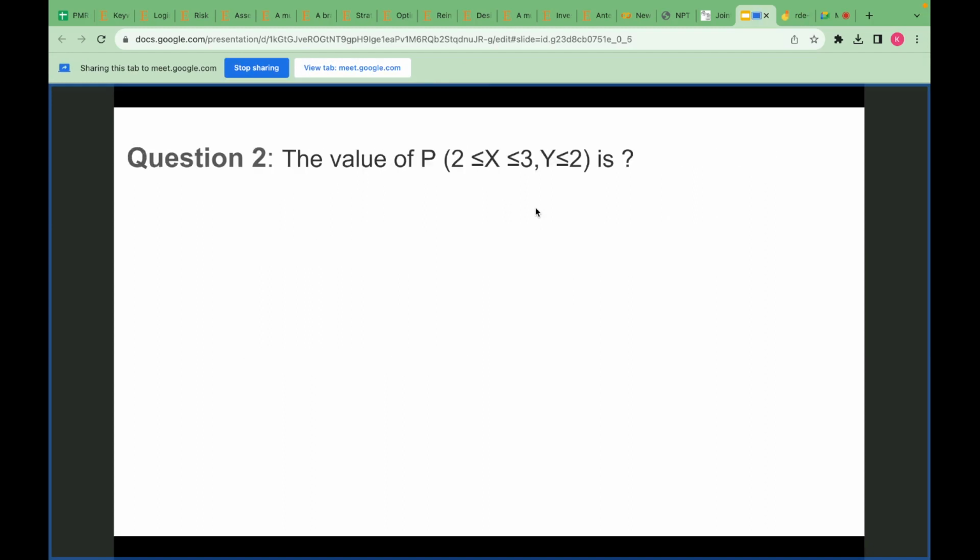Now the next question is to find the probability for the same random variables x and y, where x is varying from 2 to 3 and y is less than or equal to 2.